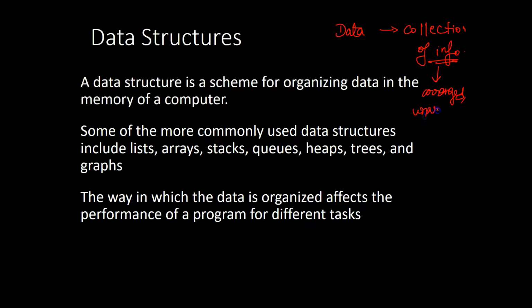You may have a sorted form of data, which we call arranged data, or we may have some unsorted data, and we want to create a mechanism by which we can sort or organize the data. So a data structure is basically a kind of scheme for organizing data. Now if we are organizing data, definitely we should have some means by which we can store and collect the data. So where do we store it? Obviously in the memory of the computer.